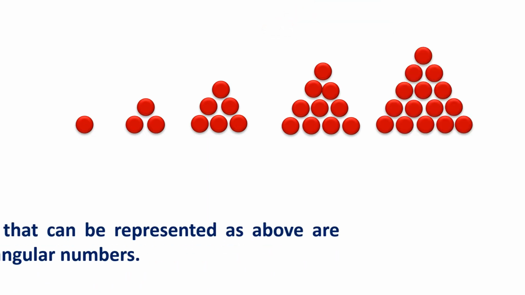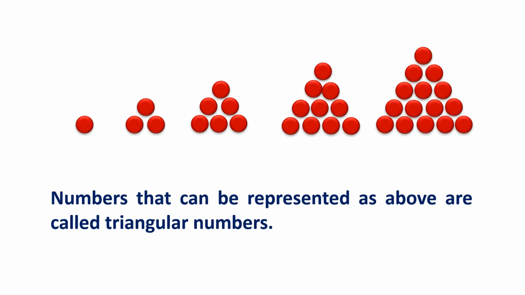I'm going to expand my triangle by adding one more line. Likewise here. Numbers that can be represented as above are called triangular numbers. That means if we can denote a number as a triangle, then those are called triangular numbers.